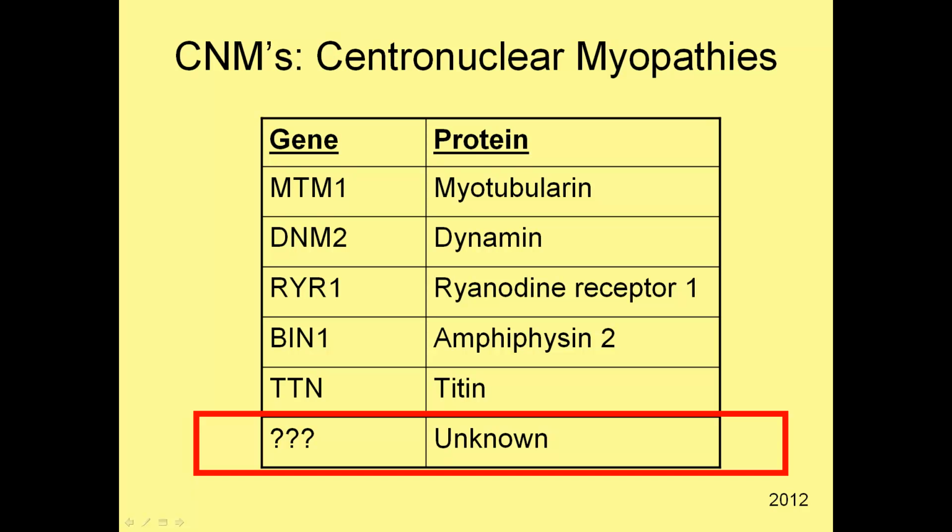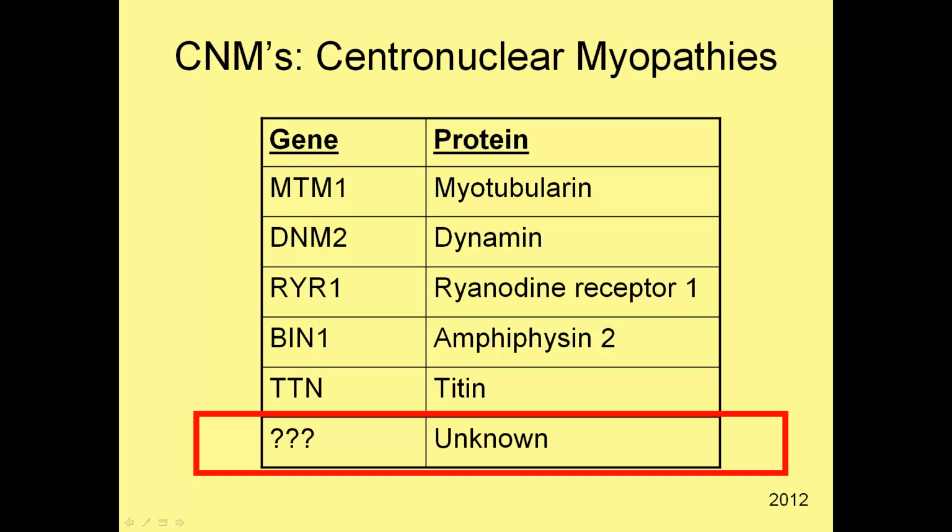So all of these different genes are located in different places within our genetic code and within humans. They're on different chromosomes. They're affecting, as shown here, different proteins, and each of those different proteins has a different function within the muscle cell.